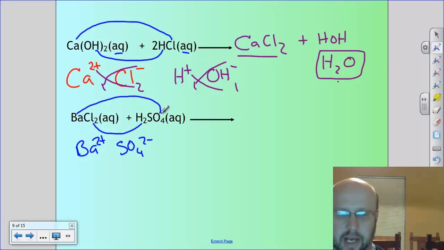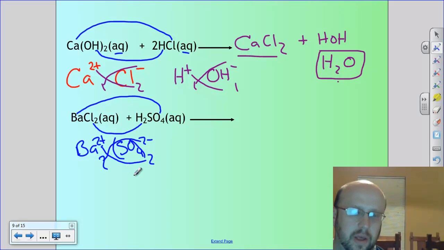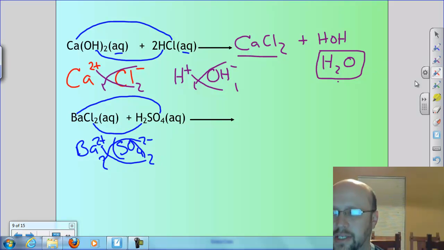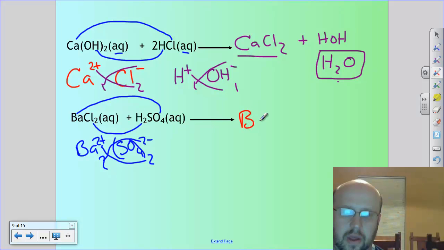But remember, outside, so barium to sulfate. We crisscross those, and remember, you should always put parentheses around your polyatomic. So I do that. Since they're both 2, remember that in that case we reduce them. And so that's going to mean that my first product is BaSO4. 2's cancel out. I can divide both sides by 2.